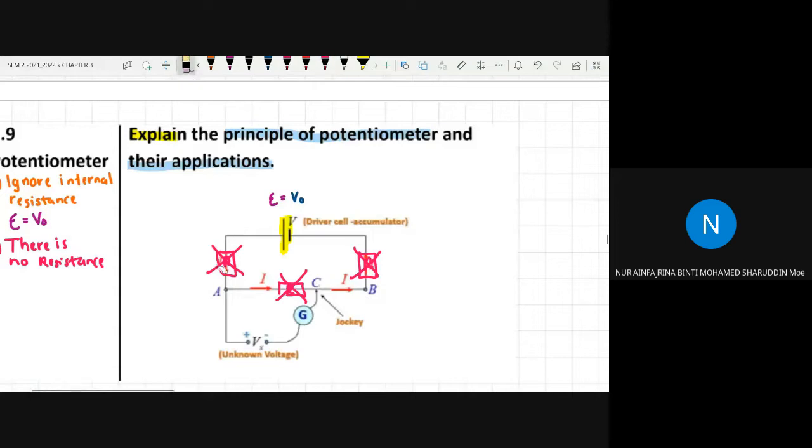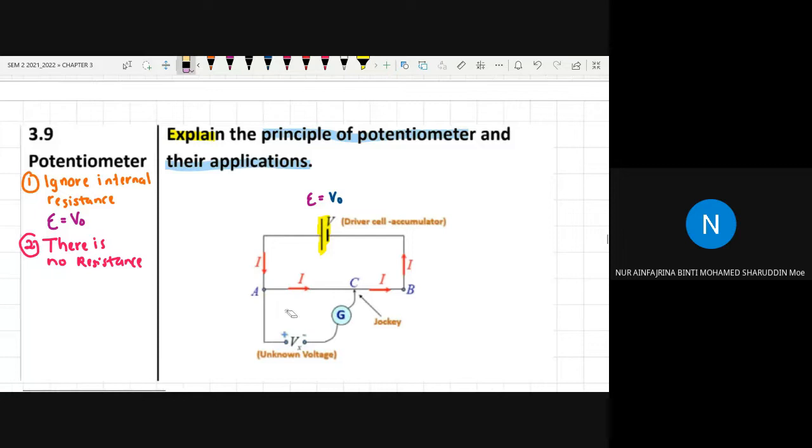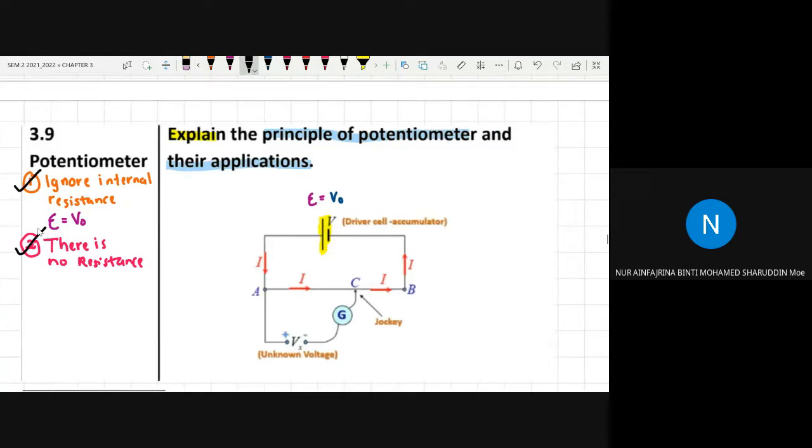There are no resistance. Okay, so far so good. Miss wants you to understand these two things first, then Miss can proceed. Is that okay? Okay, alright, Alhamdulillah.